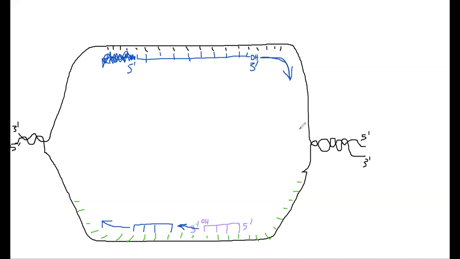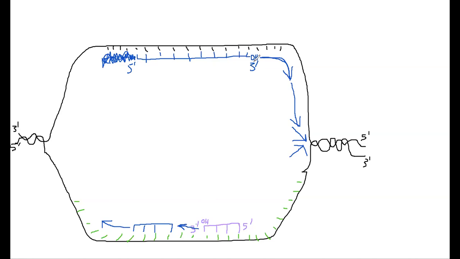But the important point here, which I haven't mentioned, is that the unwinding of the DNA is taking place in this direction. So this strand is okay. It'll just keep replicating over here. But this strand of DNA is being replicated in the wrong direction. So the polymerase replicates just a small bit of complementary DNA there, and then it'll jump back.